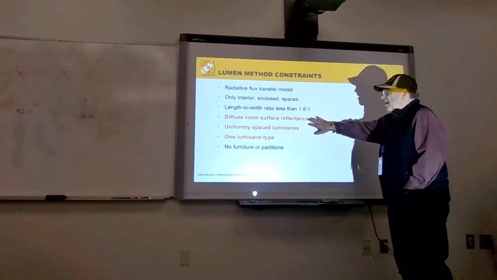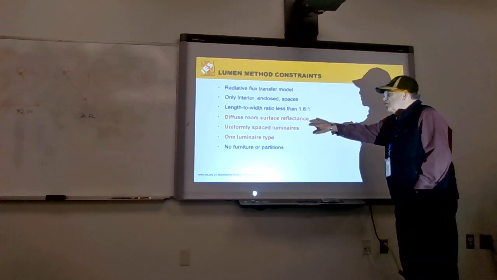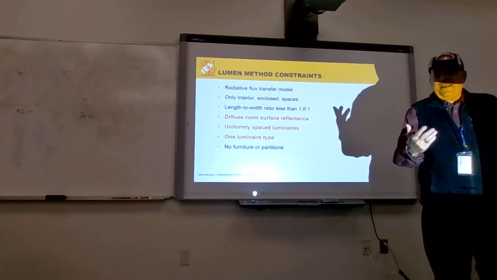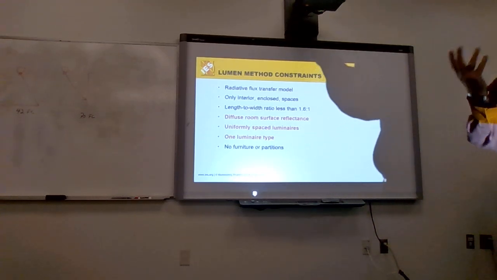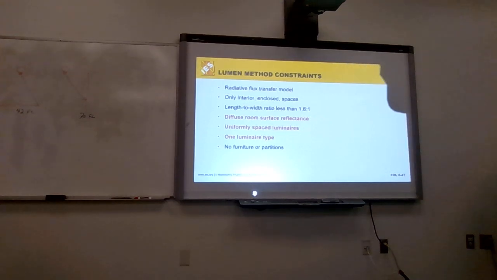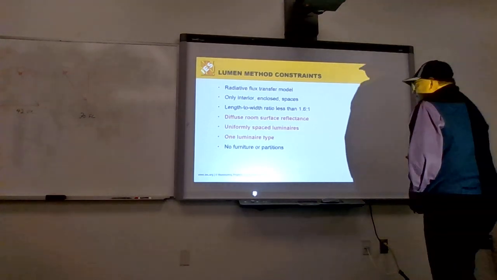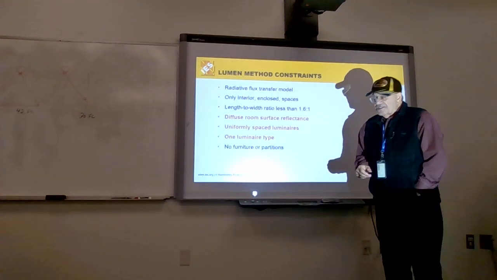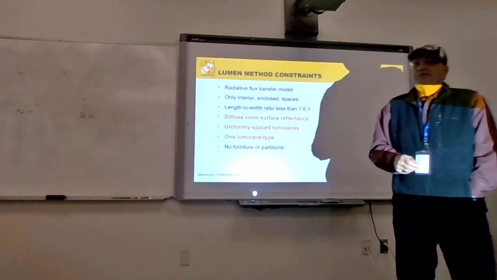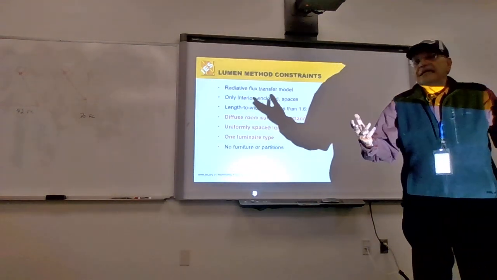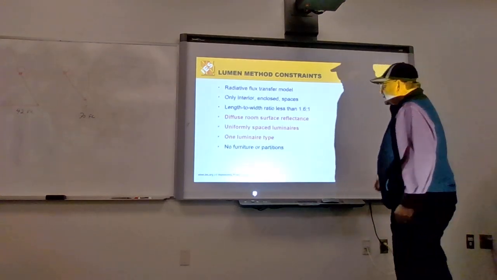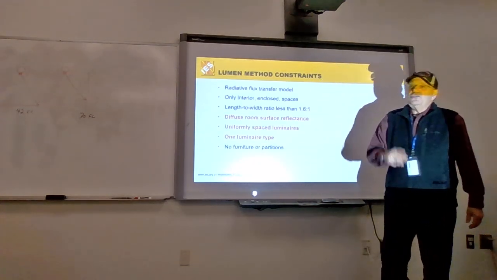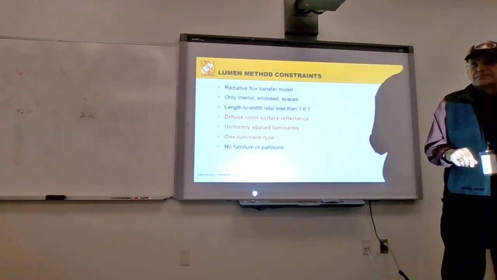We have to have diffuse room surface reflectance. So if we were in a mirrored ceiling, for example, that wouldn't work. And the luminaires have to be evenly spaced, okay, which in this room it is. And we can only use one luminaire type.